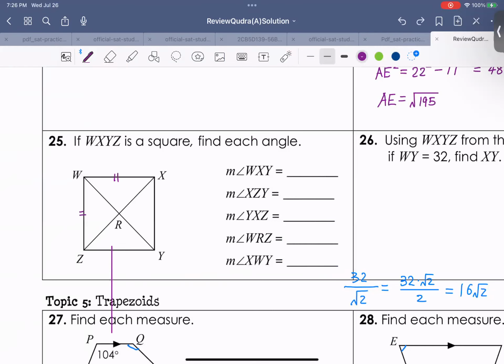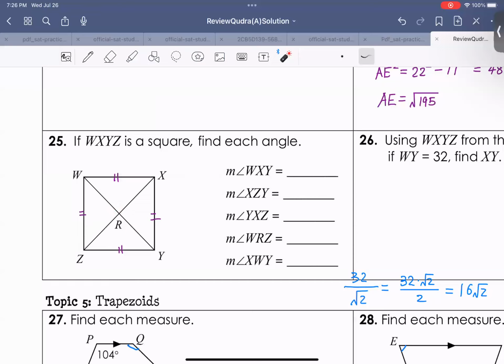When all of these are equal, this is a square, and the diagonals are perpendicular. These two pieces are also equal because they bisect each other at 90 degrees.